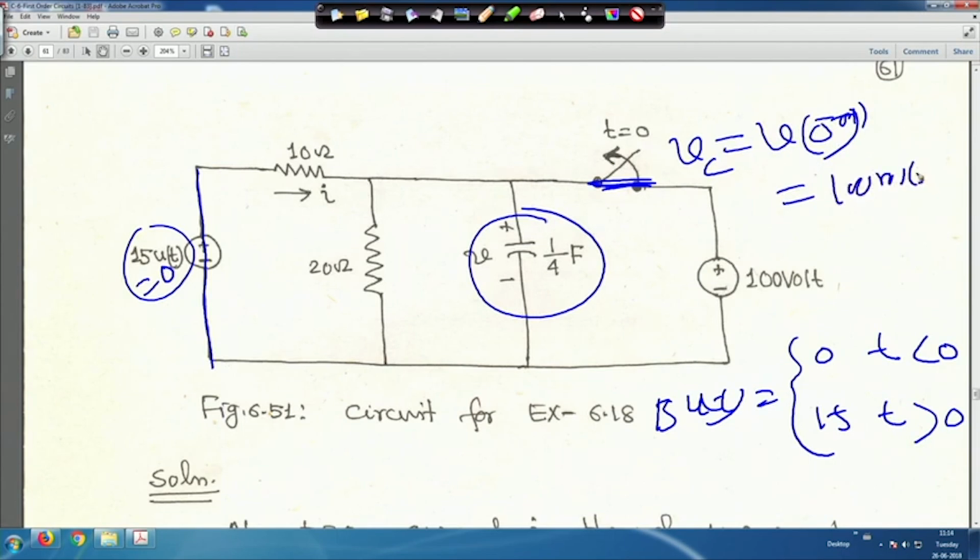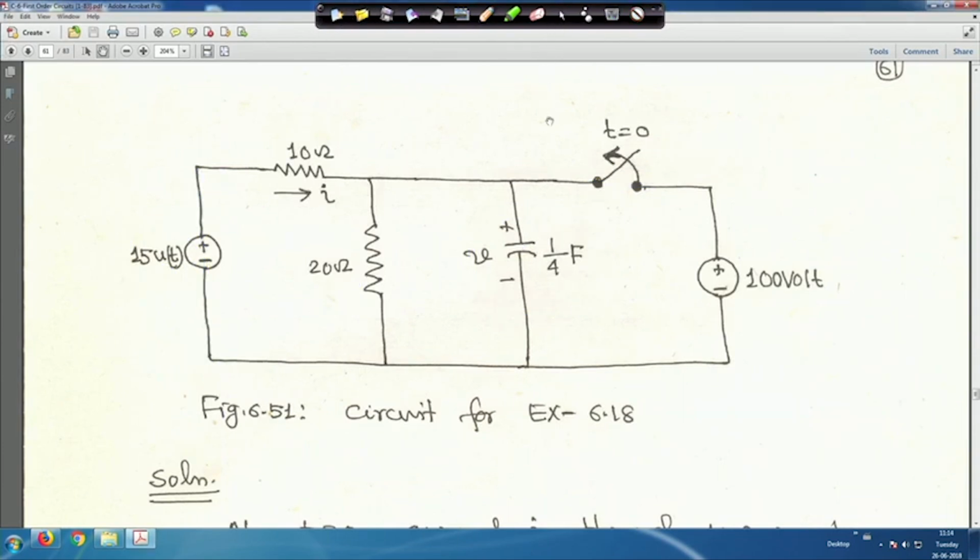The 10 ohm and 20 ohm are in parallel, because this voltage is 0, so it is shorted. Easily you can compute I, because the capacitor will act as an open circuit. The equivalent circuit is shown here.